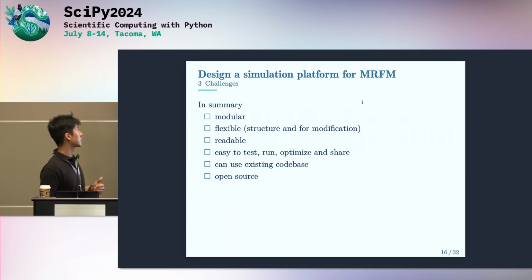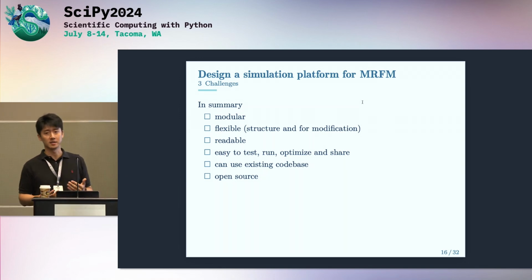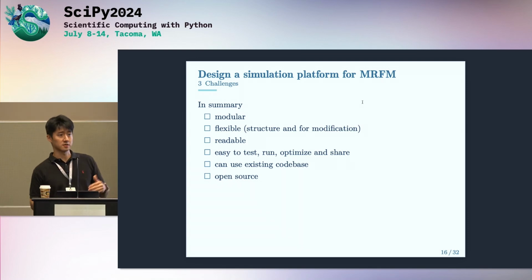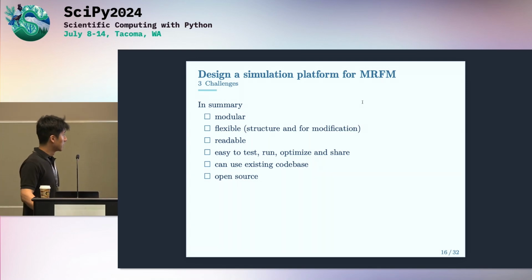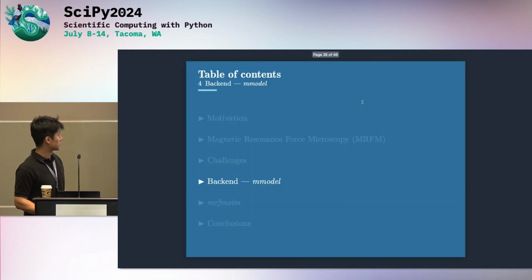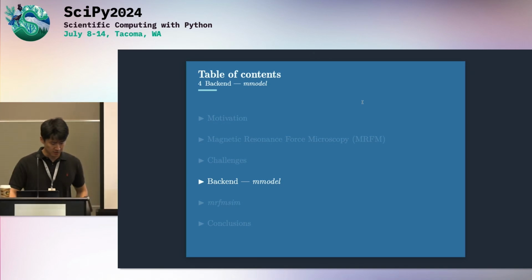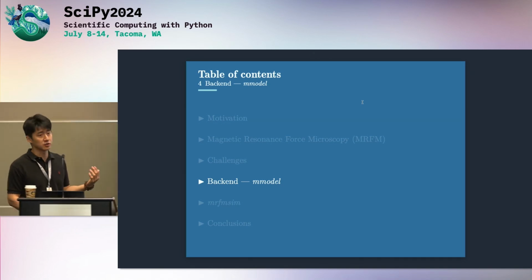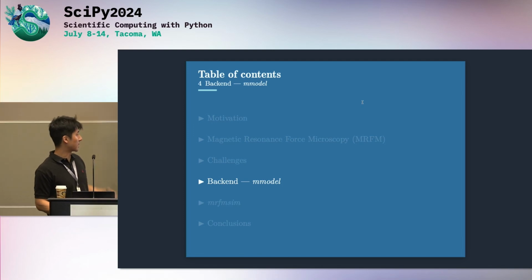In addition, we want to be able to use existing code base, because we already define a lot of these physical processes using Python, and we want it to be open source. So I'm going to move on to talk about how we resolve these challenges using M-model and mrfmsim.